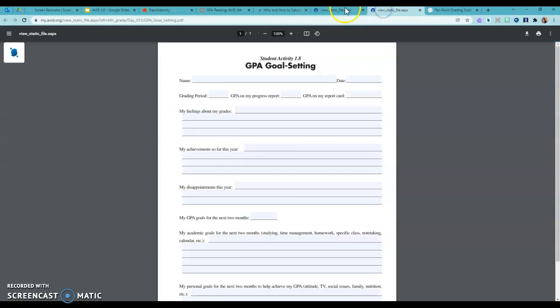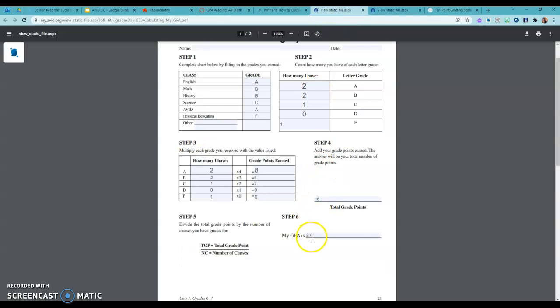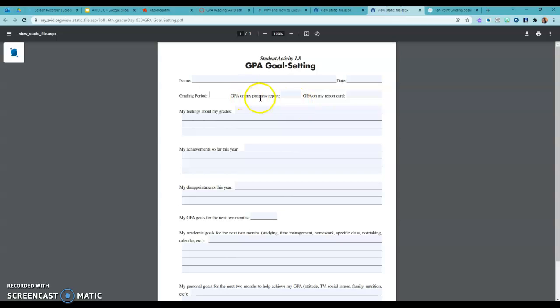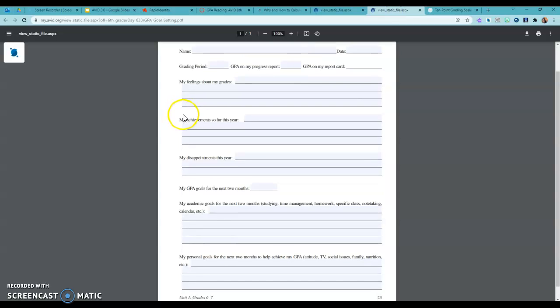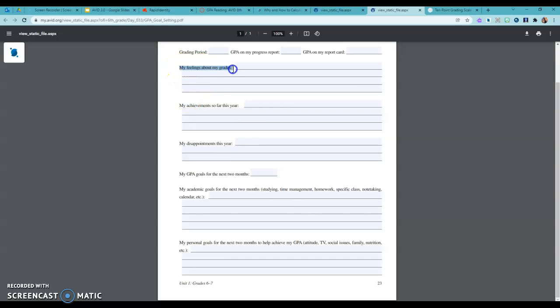After you're done with that, you're going to set up your paper. For grade period, put the GPA that you came up with. You can ignore these two right now, and then answer these questions. My feelings about my grades, my achievements so far this school year, 2021-2022, my disappointments this year, my GPA goals for the next 2 months.